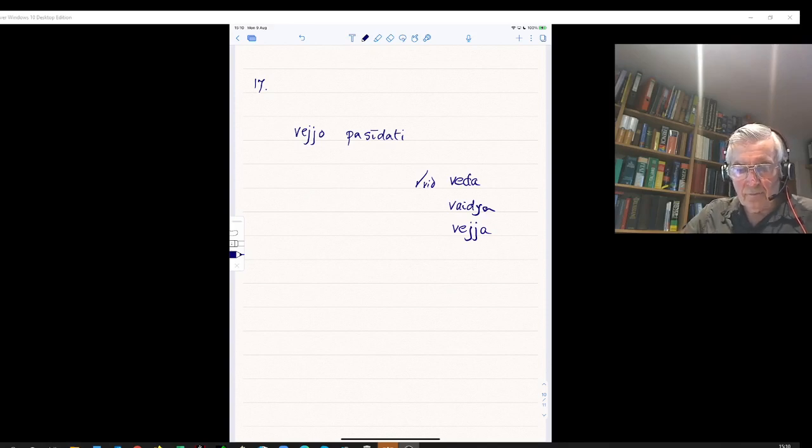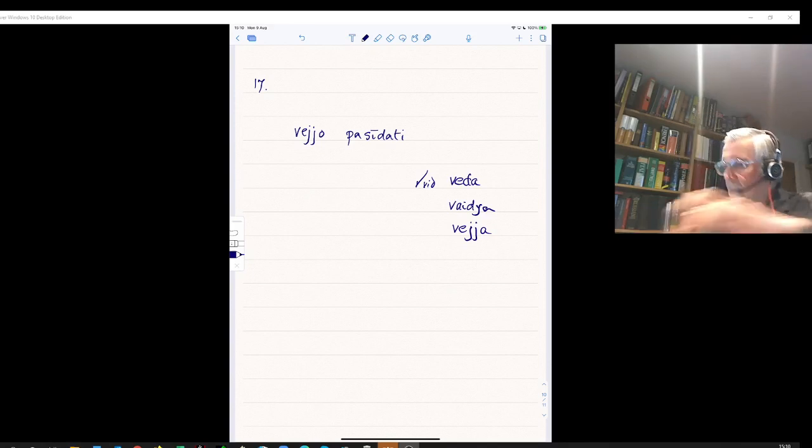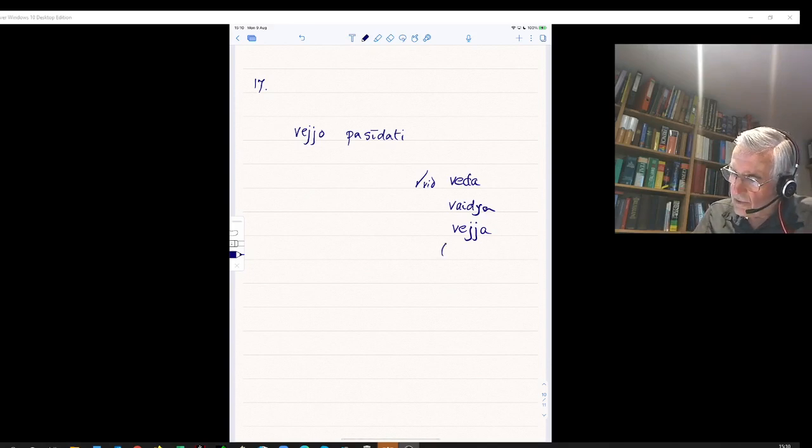So, having received a garment, we have lab, to receive, and having received is labhitva. For garment we could either say vattam labhitva or sartakam labhitva.